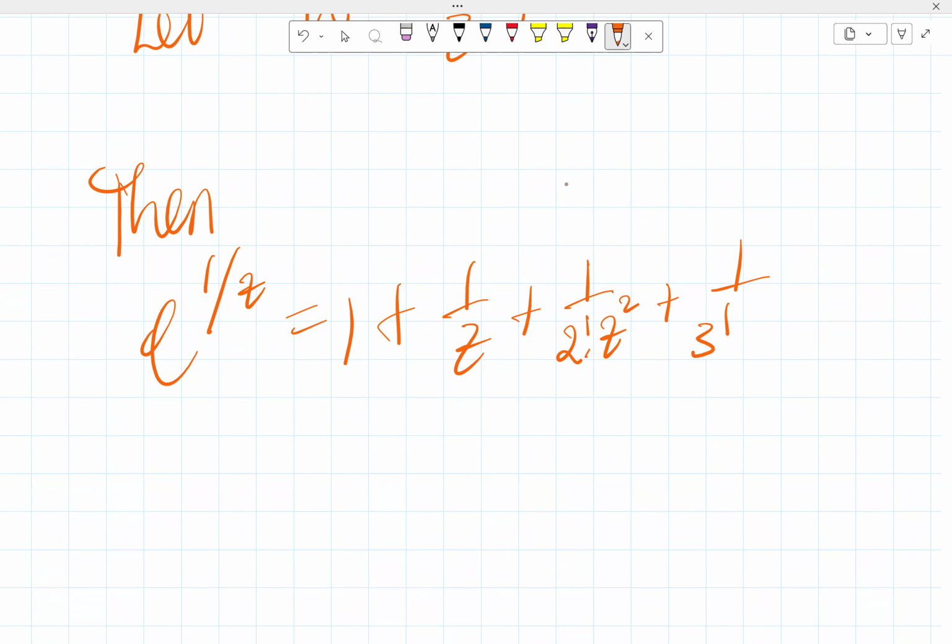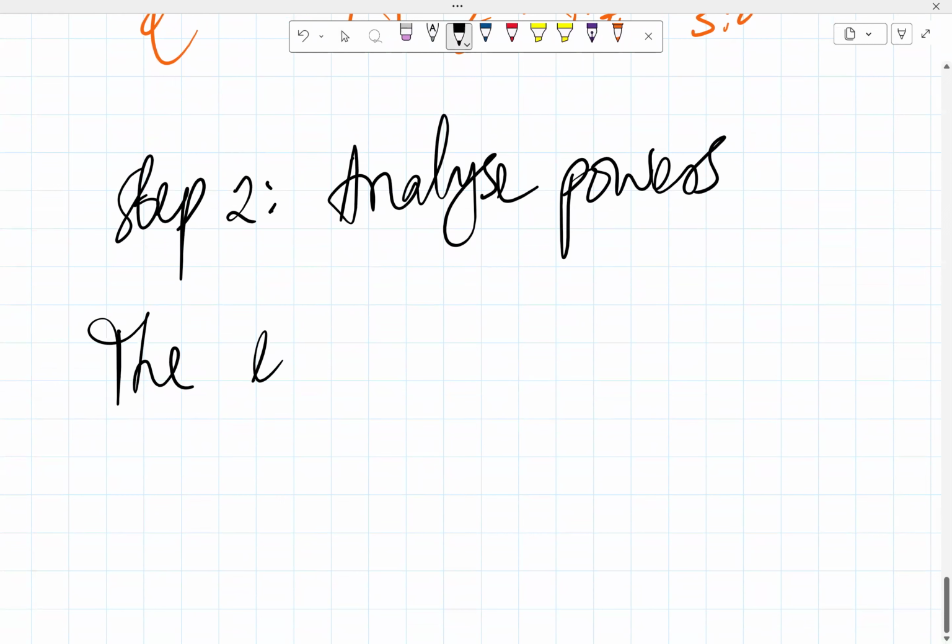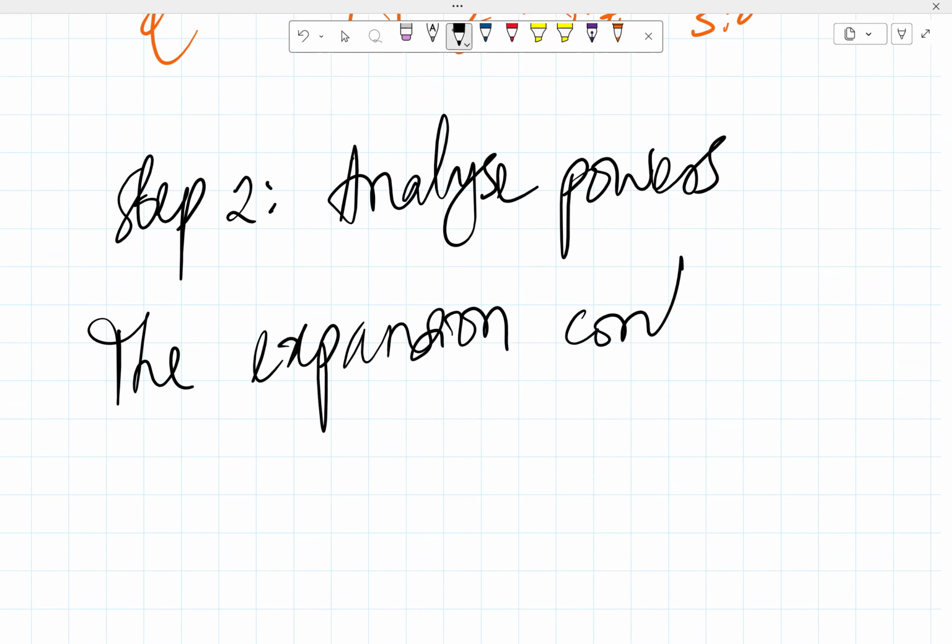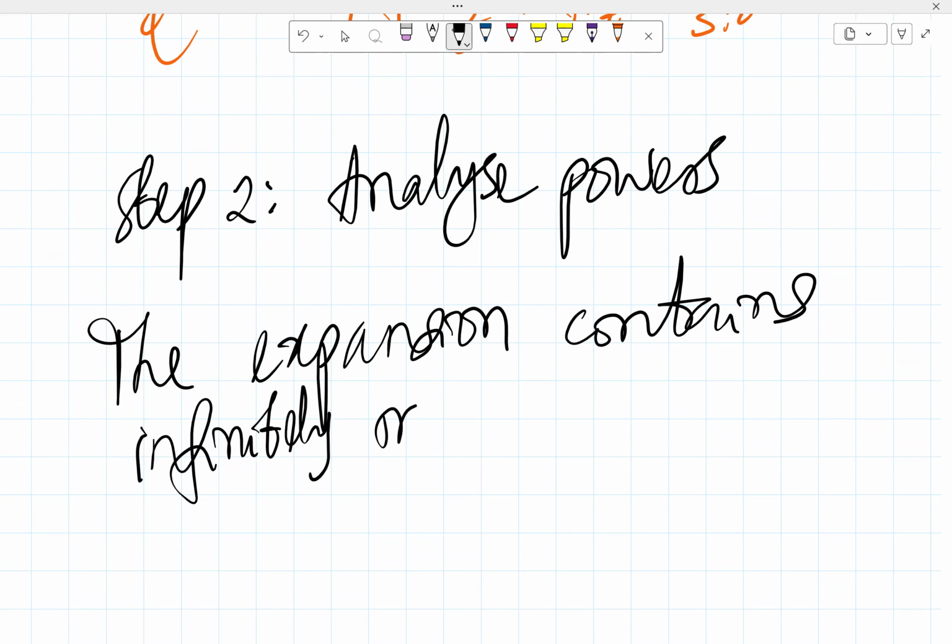Then, if that is the case, we go for step two, where we analyze powers. We know that the expansion contains infinitely many negative powers.